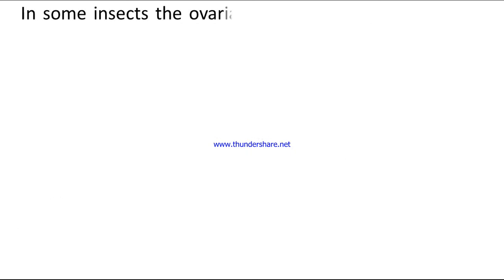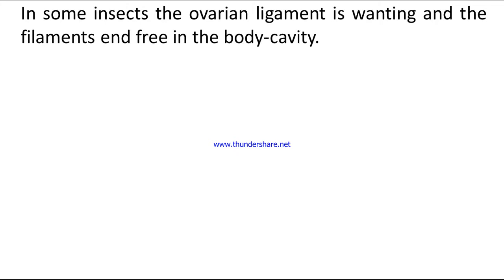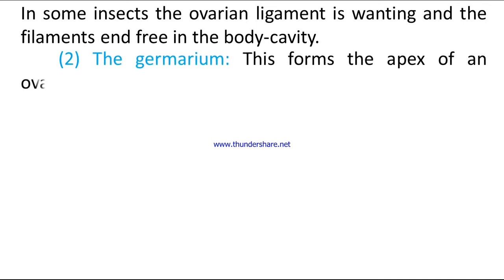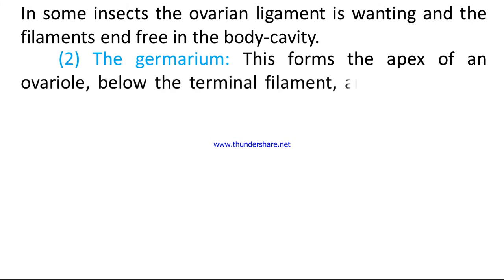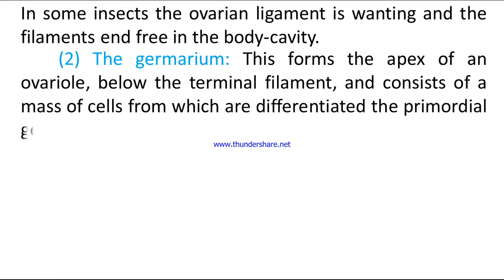In some insects, the ovarian ligament is wanting and the filaments end free in the body cavity. Number 2, the germarium. This forms the apex of an ovariole below the terminal filament and consists of a mass of cells from which are differentiated the primordial germ cells.